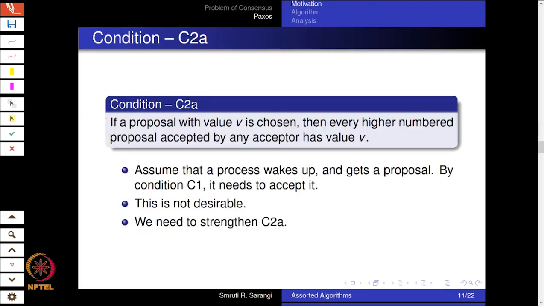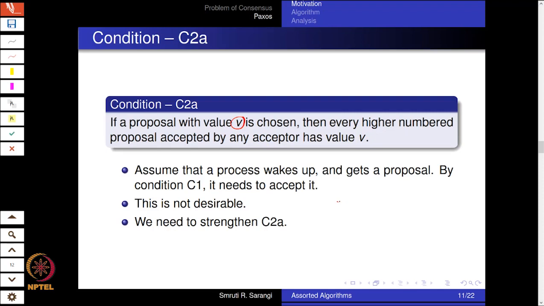So we can now further specialize condition C2 to condition C2a. So we'll propose several specializations. The first specialization is that if a proposal with value v is chosen, then every higher numbered proposal that is accepted by any acceptor has value v.